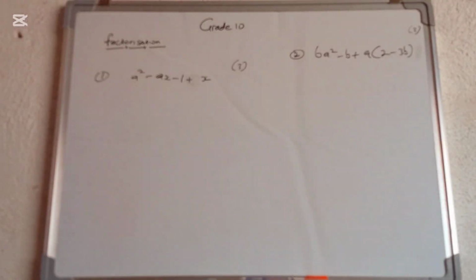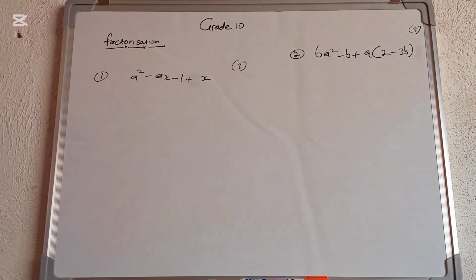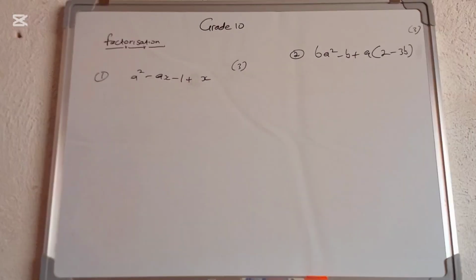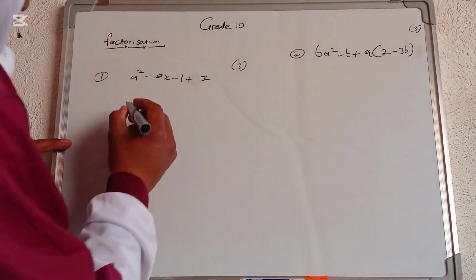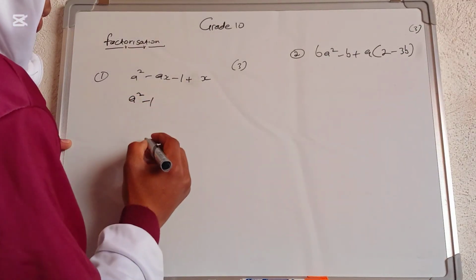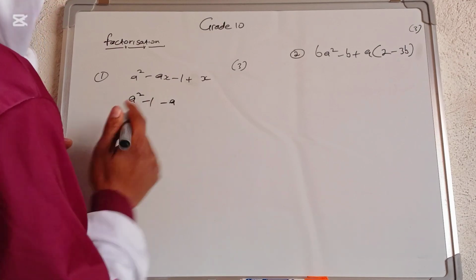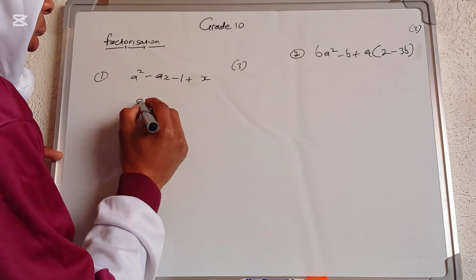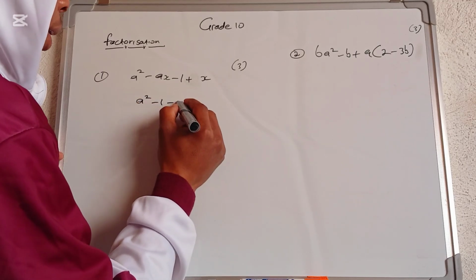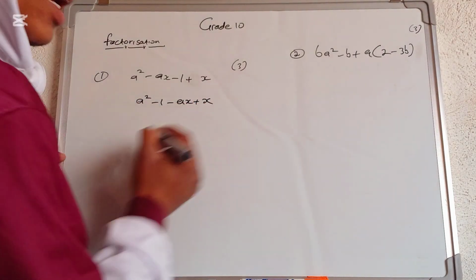On this first equation, we will start by putting it in a solvable manner, because when it is like that, you can't solve it, or you will solve it, but it will be very confusing. So when you put this equation in a solvable manner, we're going to have a squared minus 1 minus ax plus x.